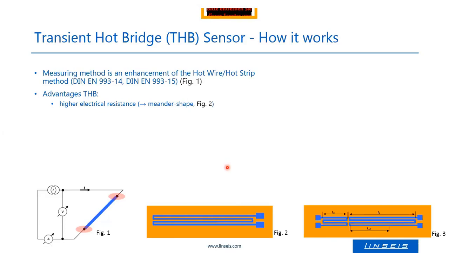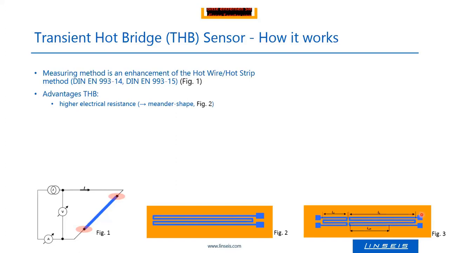But the next step now is very important. It's a big step forward to get rid of the edge effects where heat is lost or dissipated. We developed such a sensor or such a wire here. So we measure the heat loss at the junction points here where the cable is soldered.